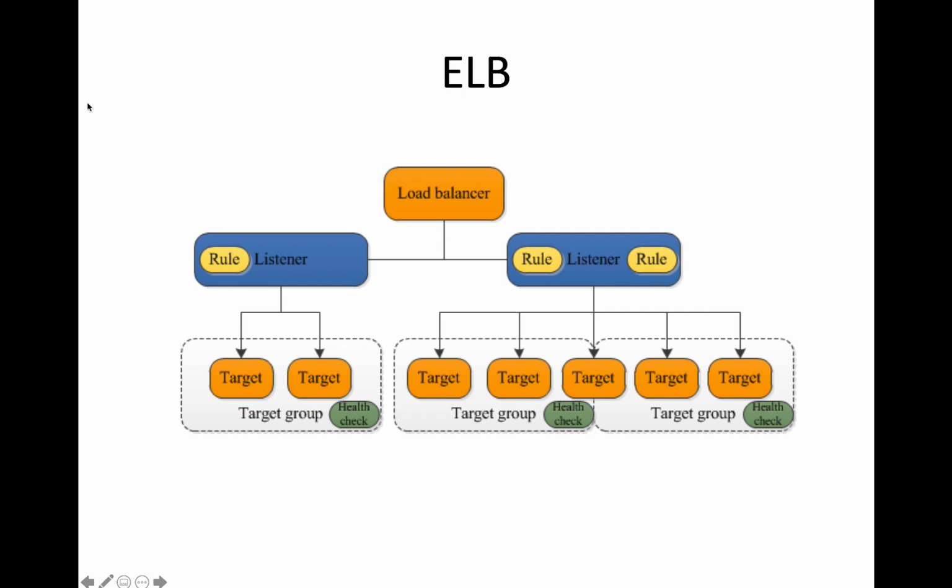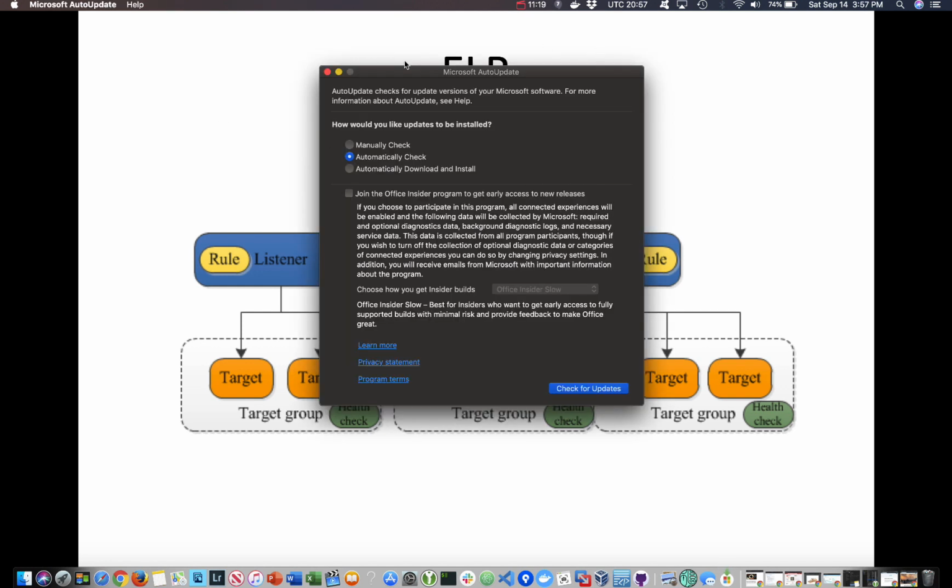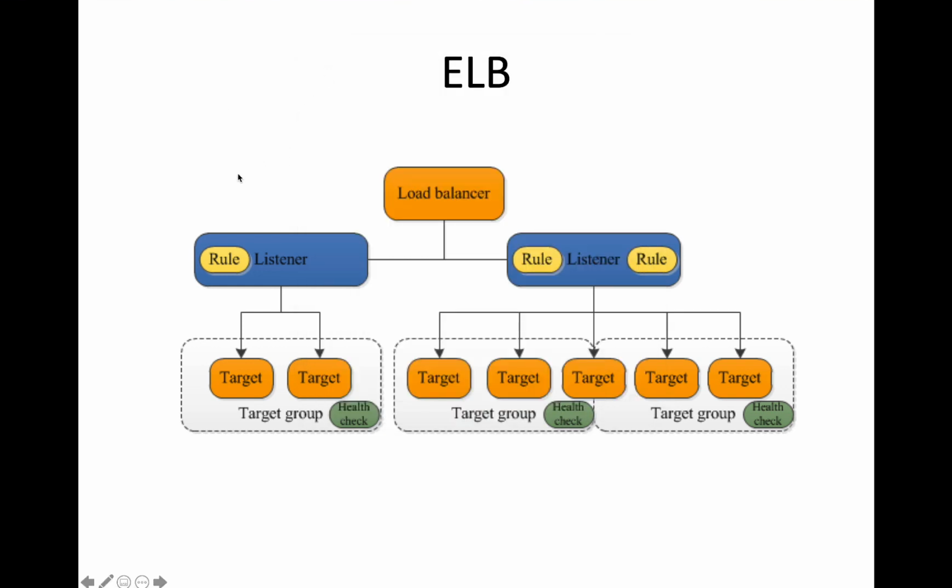Here's a diagram showing how you can configure an elastic load balancer. We have the load balancer, and in this case we have not just one but two different listeners set up. So you can configure one or more listeners on an elastic load balancer, and the idea is that each listener can be associated with a different target group based on a rule that you configure for the listener.